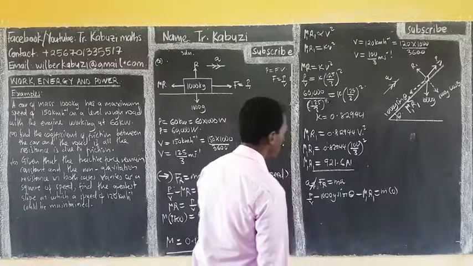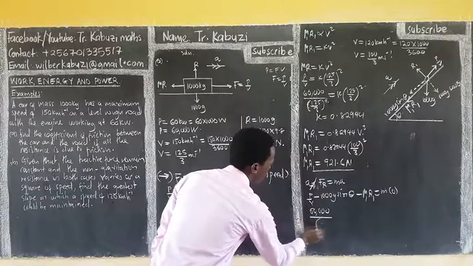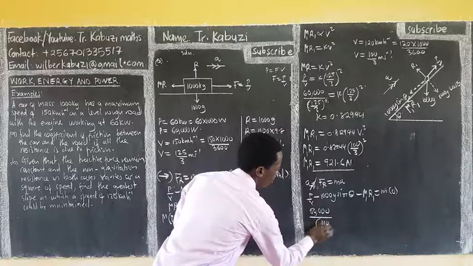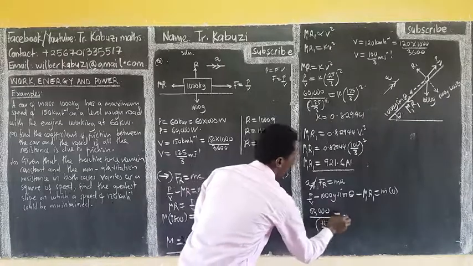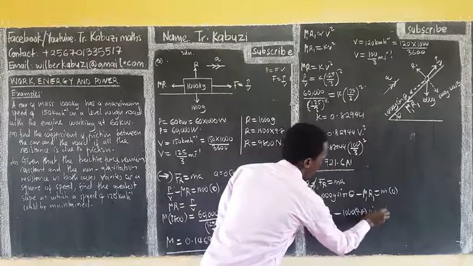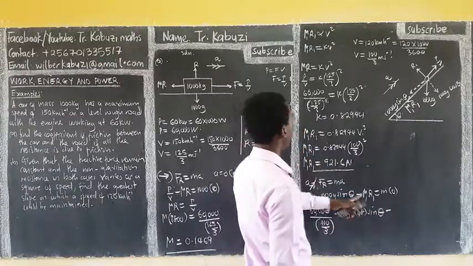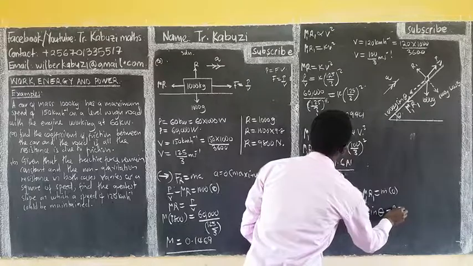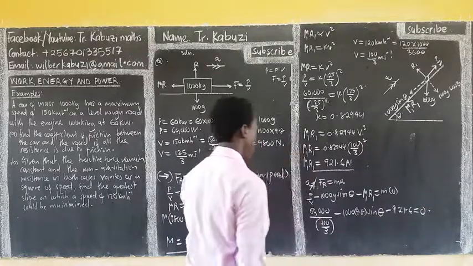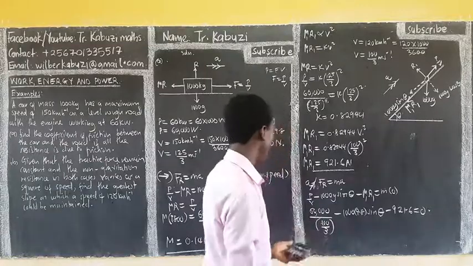So this implies 60,000 divided by the velocity we are using, then minus 1000 times 9.8 times sin theta, then minus 921.6 equaling 0. When we take everything to this side, I'll have this.